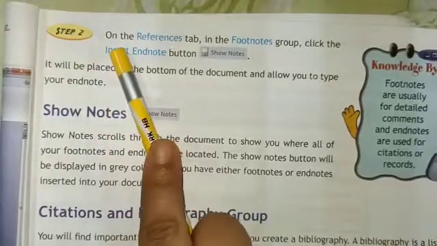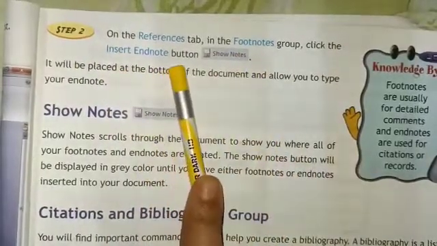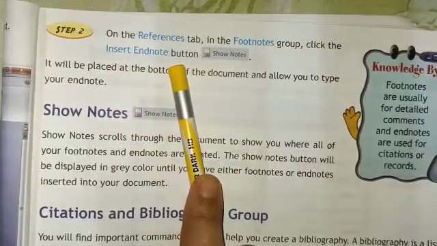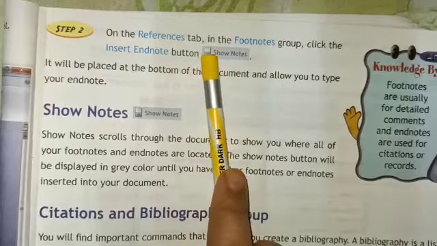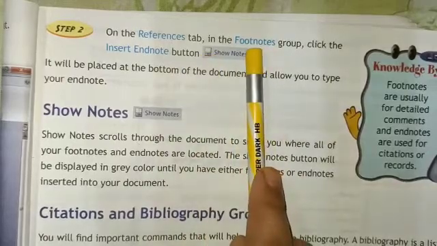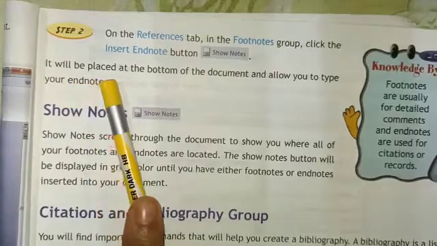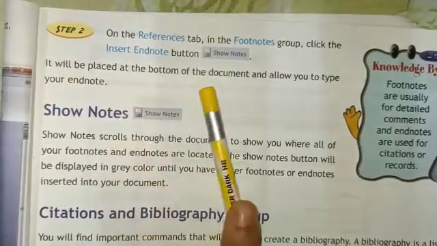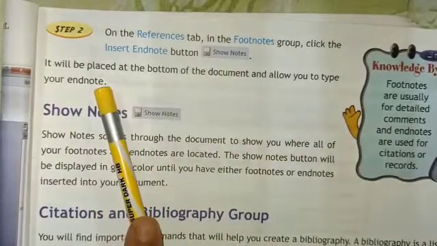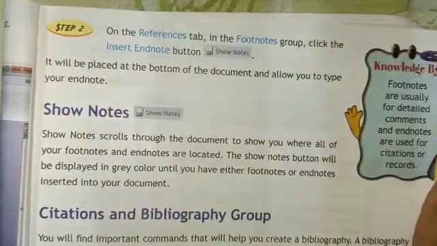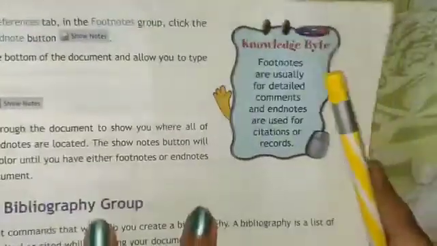Step 2, on the References tab in the Footnotes group, click the Insert Endnote button. It will be placed at the bottom of the document and allow you to type your endnote.